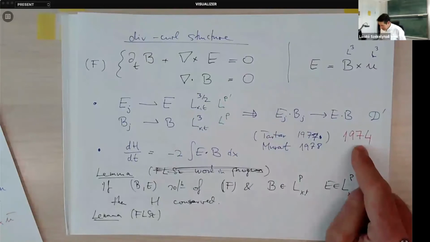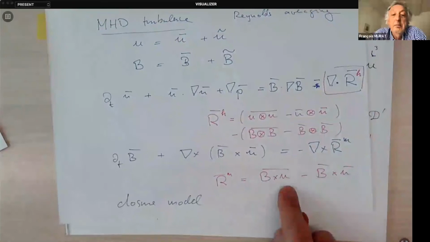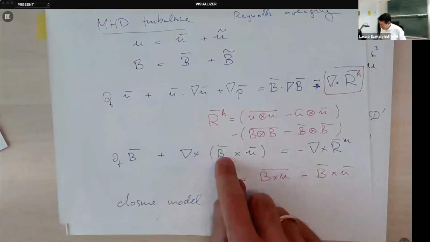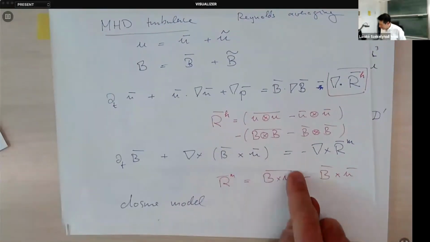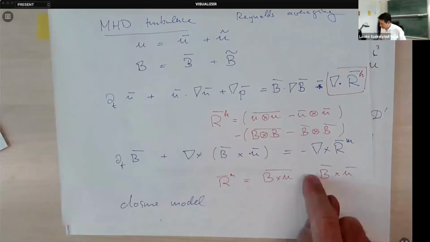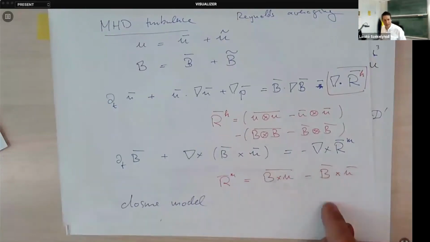And when I look at recent books and papers by physicists on MHD turbulence, I see that they understand there is a difference between taking the bar like this or like this, but they are completely missing compensated compactness. I think that's a very simple but very important piece of information.